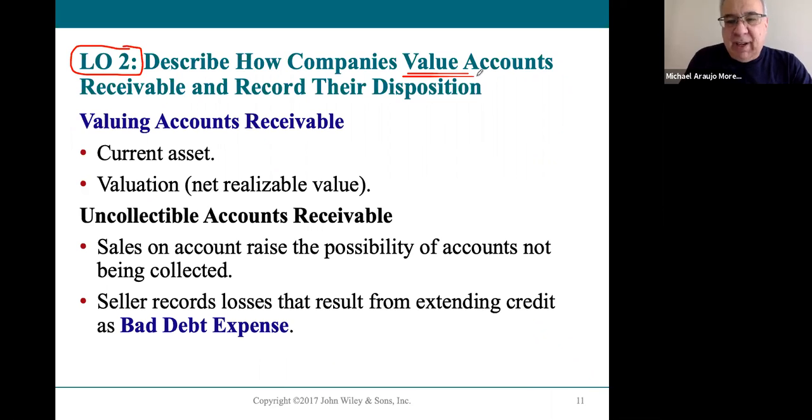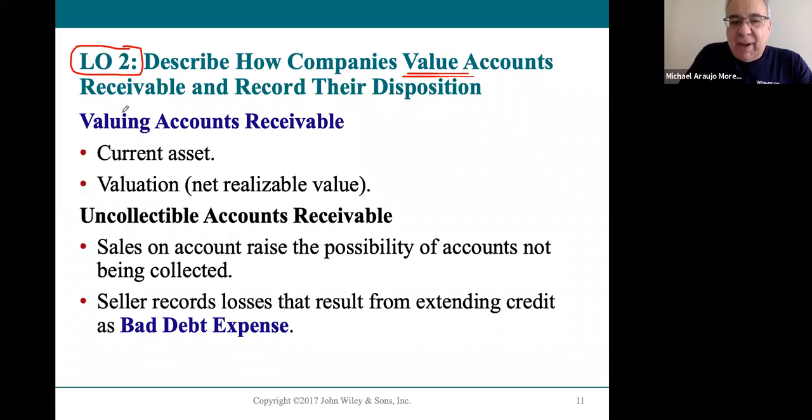You saw that happen in the last module, where inventory had to go through that lower of cost or market standard to make sure we're being conservative in valuing our inventory, right? Inventory is an asset. It's on our balance sheet. We cannot overstate those values. Okay. So guess what? Accounts receivable is an asset. It's on our balance sheet. We cannot overstate the value of our receivables.